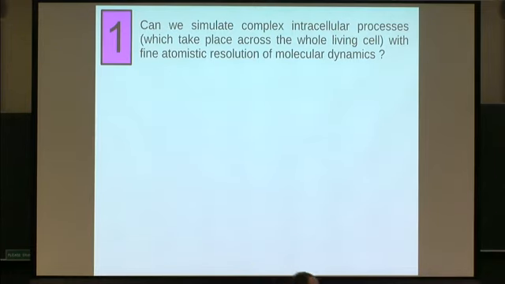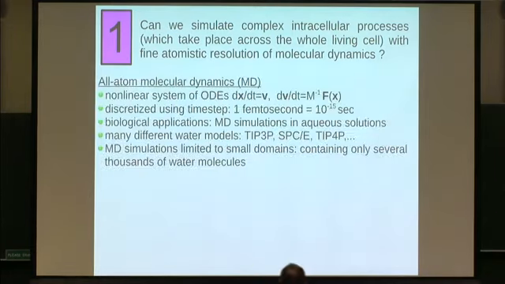So let me summarize what all-atom molecular dynamics actually is. This is the smallest scale which some program participants work on. It's a method which is popular in computational chemistry and computational biochemistry, because there's a lot of information known at the atomistic level about the structure and function of various molecules. But mathematically, this is just a nonlinear system of ordinary differential equations.